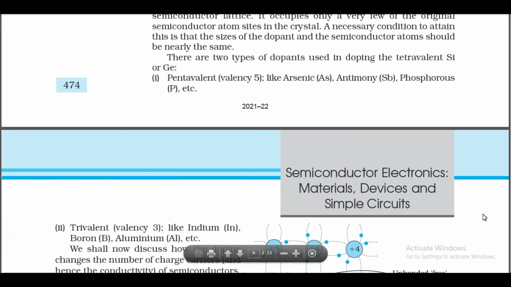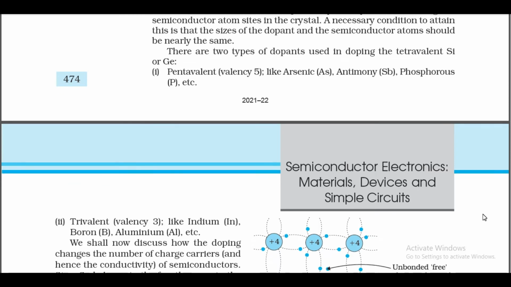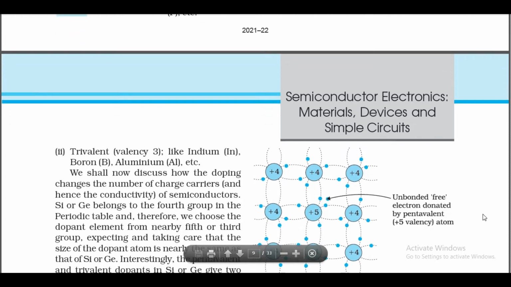First, pentavalent, valency 5, like arsenic As, antimony Sb, phosphorus P, etc. Second, trivalent, valency 3, like indium In, boron B, aluminium Al, etc. We shall now discuss how the doping changes the number of charge carriers and hence the conductivity of semiconductors.